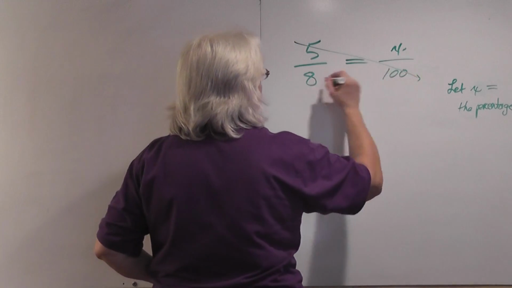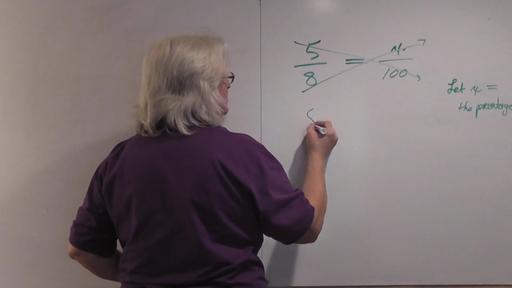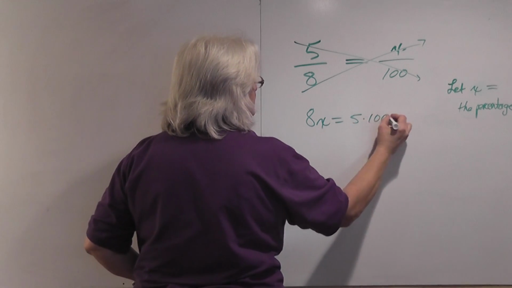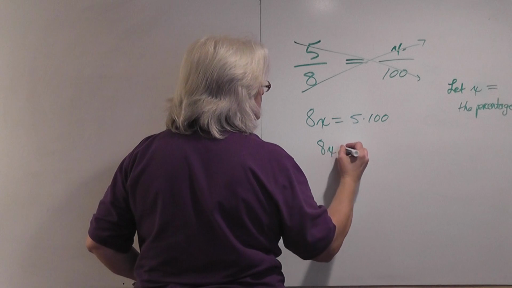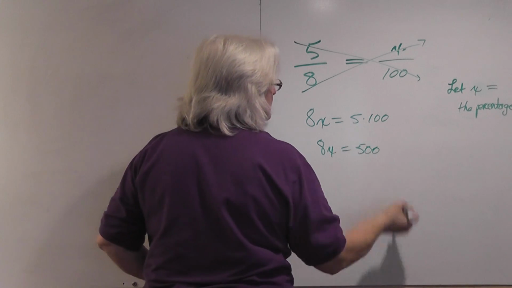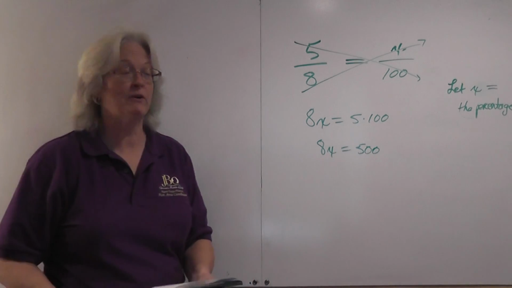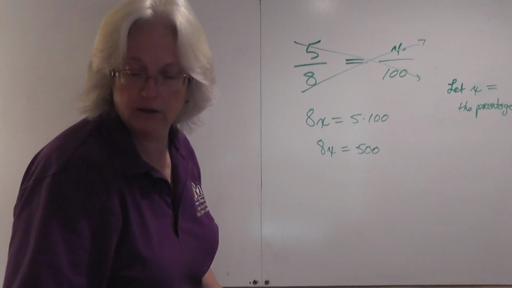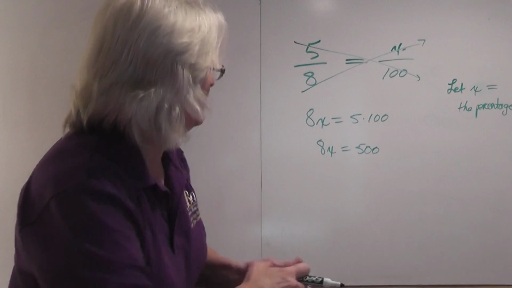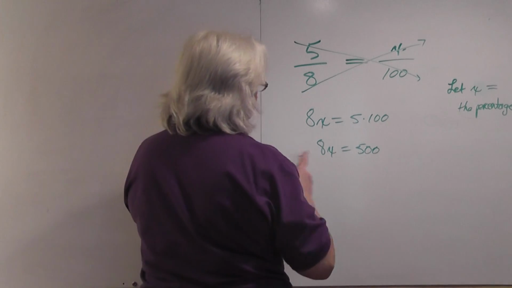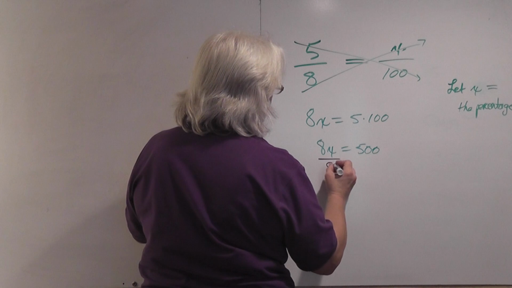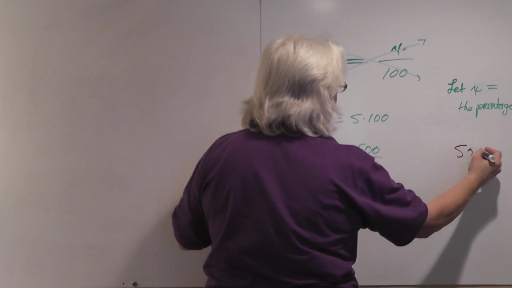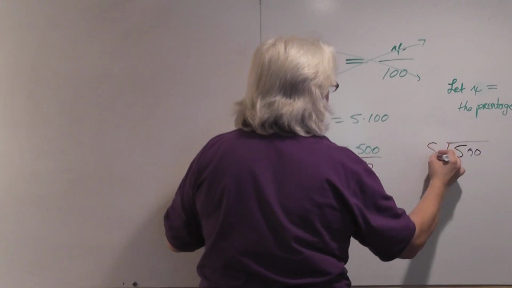Then we can cross multiply, and we say 8 times x is equal to 5 times 100, or 8x is equal to 500. To solve this, we're going to have to divide both sides of this equation by 8. We have 500 divided by 8.